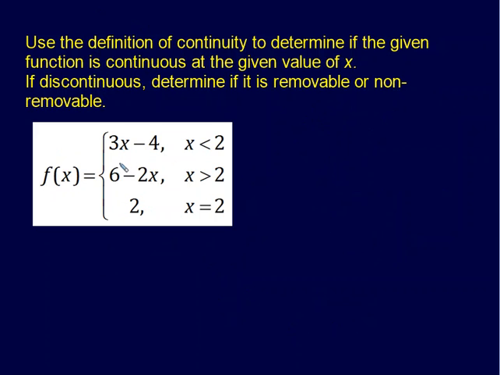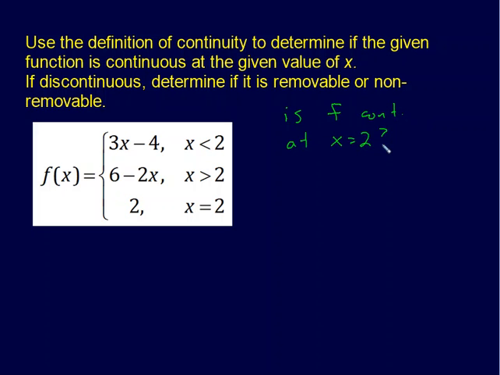And this one is defined in 3 pieces. And so what that means is when we go to check the limits as x approaches 2, we're going to have to investigate it separately from the 2 sides. So remembering my checklist, we're trying to determine if the function f is continuous at x equals 2.